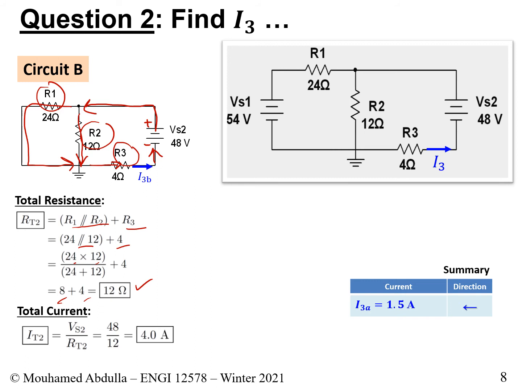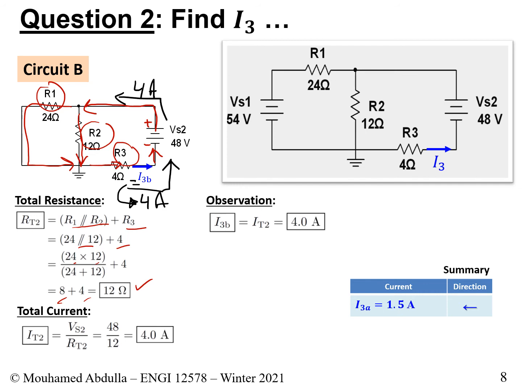This 4 amps is what we have here, and in fact, this is also the 4 amps that is here. It comes back again in here. Therefore, I3B is really equal to 4 amps. So we really solved it for I3B, and now we have the answer. It is really 4 amps flowing to the left.